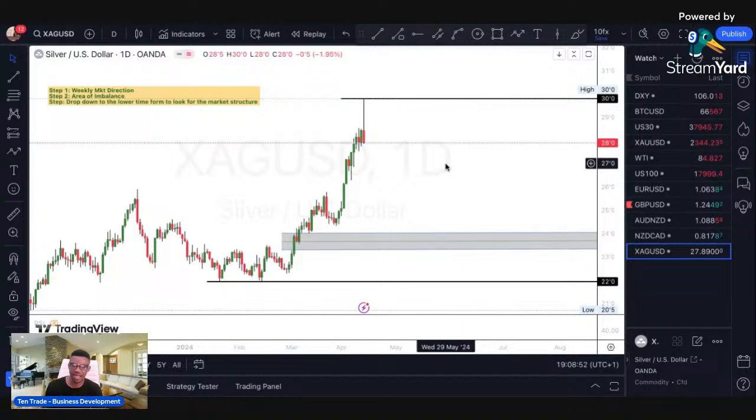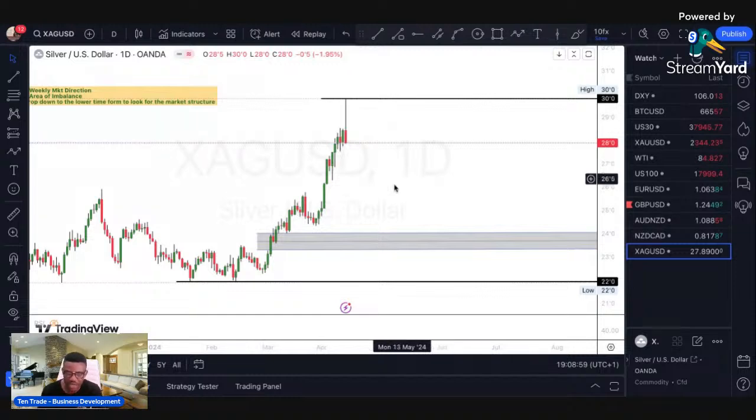But here at the daily time frame, we still need to mark an area of imbalance, right? If you look clearly at the chart, look at this area where price broke this structure. This move is a break of structure to the upside.